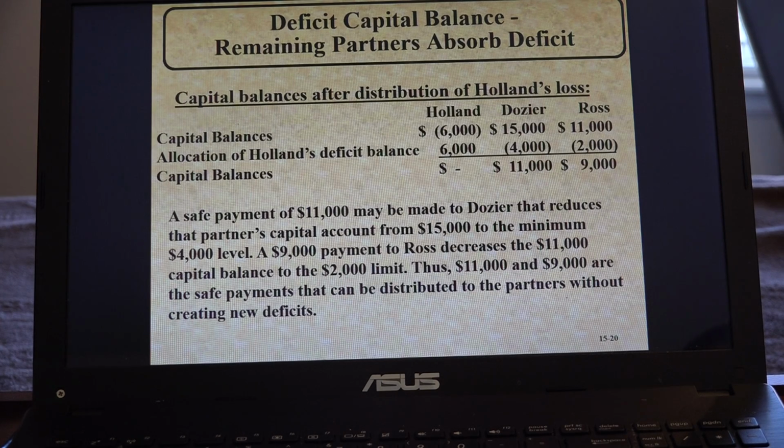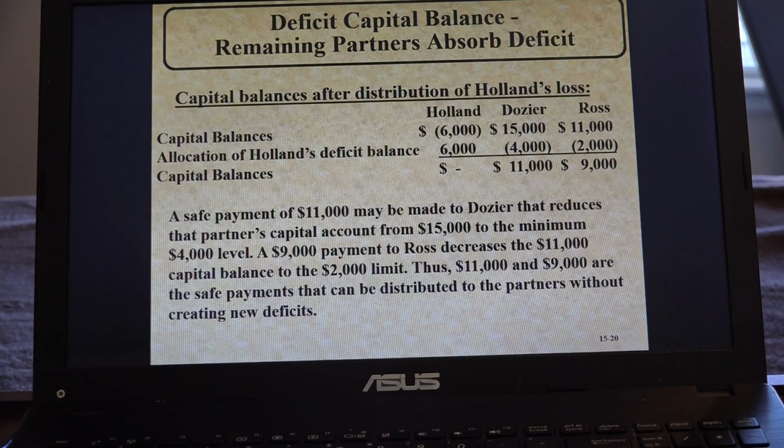Okay, so based upon that, the accountant could make a safe payment even though the partnership books have not been closed out because of pending litigation. And you don't create any new deficits.